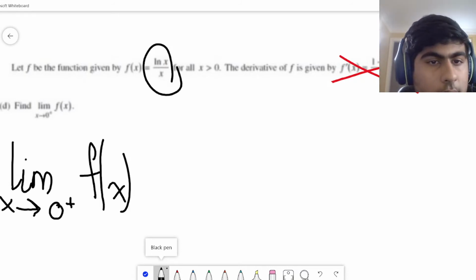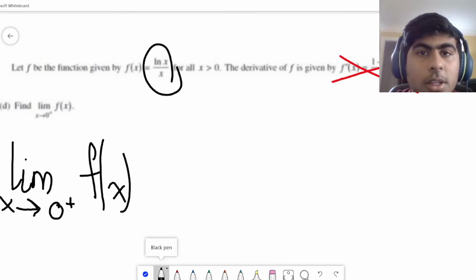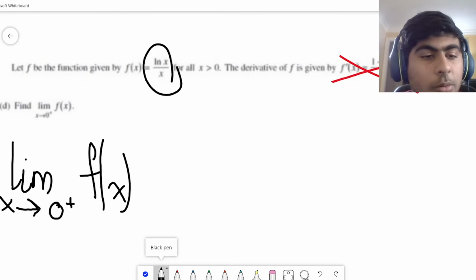Now remember our limit laws, when we talked about quotients and what we get when we divide two limits.